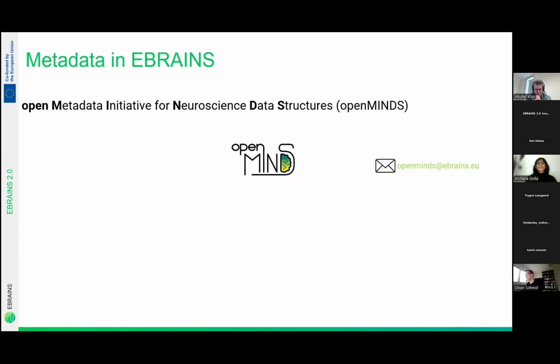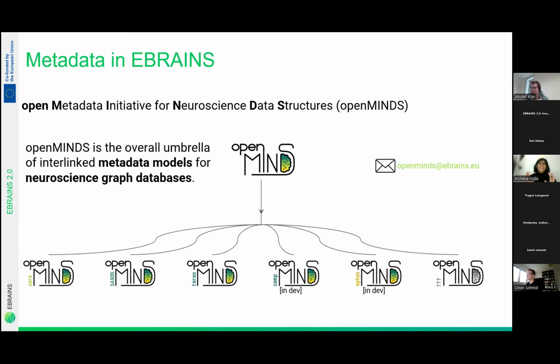And for metadata, as mentioned already so many times before, we adhere to the openMINDS metadata standard. openMINDS is a metadata model for neuroscience graph databases. And as Oliver mentioned, there are different components to it. The openMINDS development is community-based, so based on the needs of the community, different openMINDS components are developed.